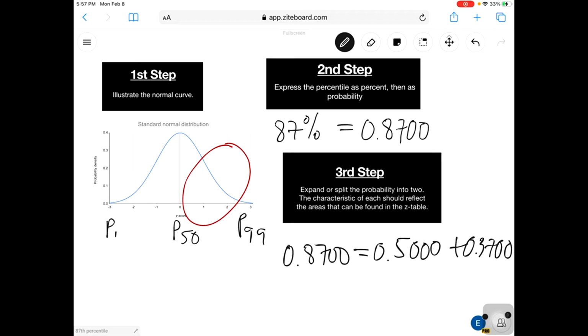We have to do this so that we can locate the z-score or z-value that corresponds to our 87th percentile, which is found above the mean, as you can see on the first step.